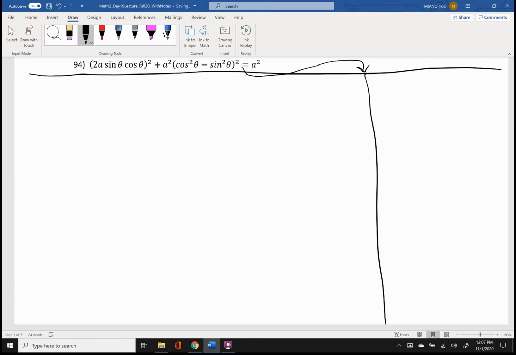Because it's going to be factored out of the entire expression in a later step. Not that you would necessarily know that ahead of time. So go ahead and, with me, square out this exponential and square out this binomial as well, and see what we get. We will get 4 a squared sine squared theta cosine squared theta.